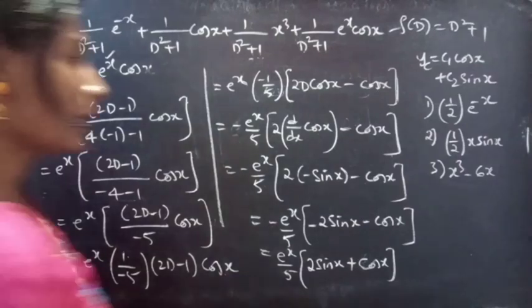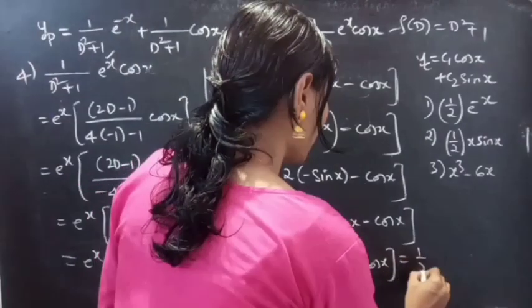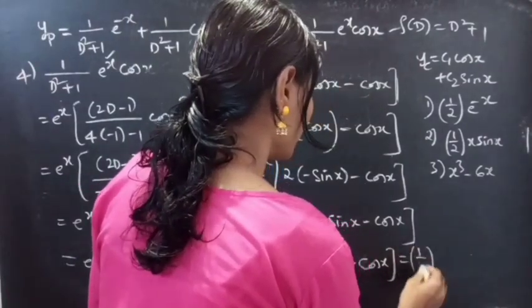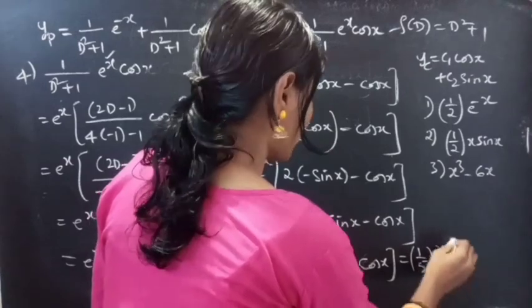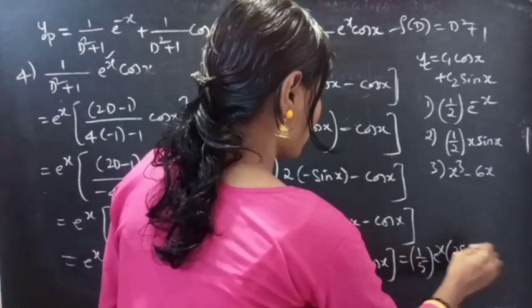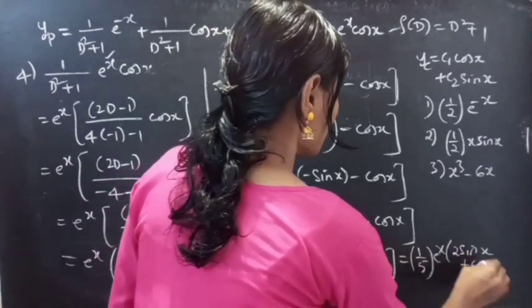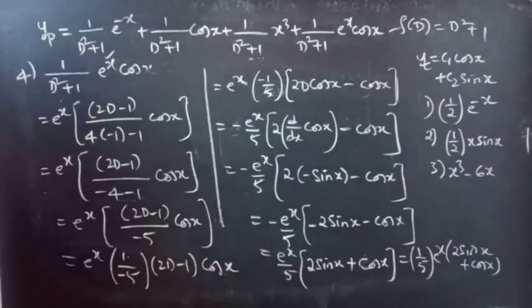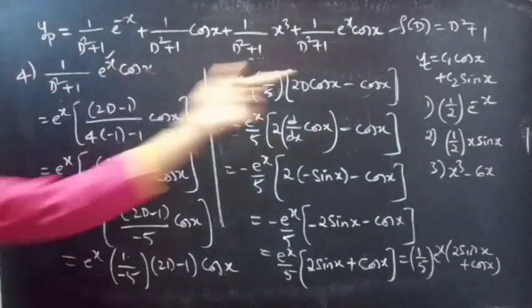Or we can write it as 1 by 5 into e power x into 2 sin x plus cos x. So this is the result obtained from the fourth term.